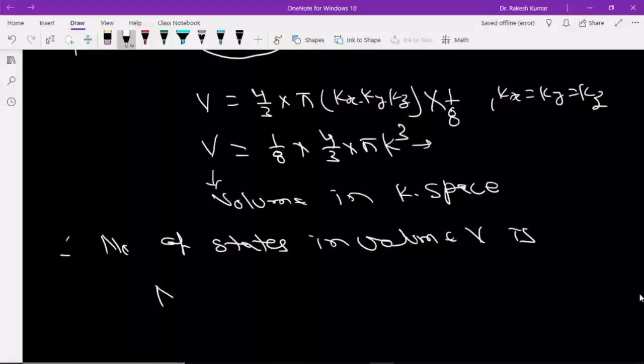So by dividing this V by the volume of an electron, that is Va, we can get the number of states. So n equal to V by Va.